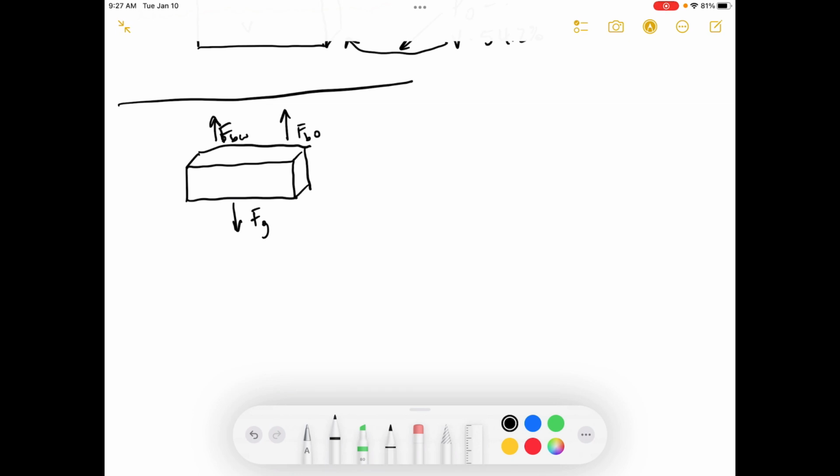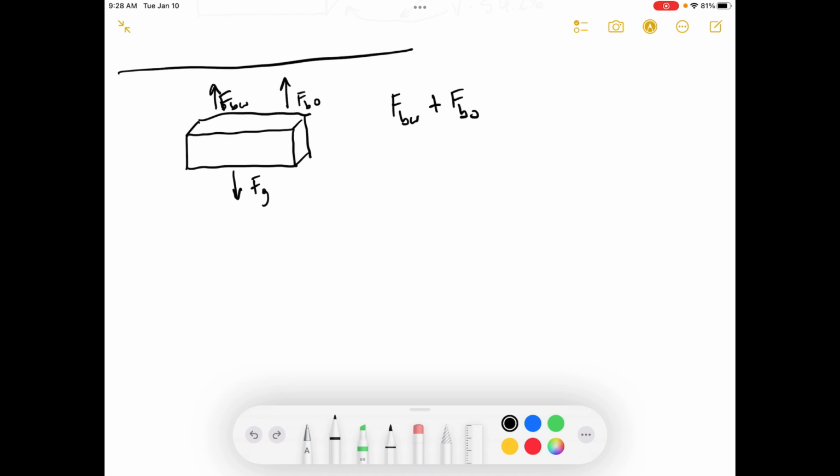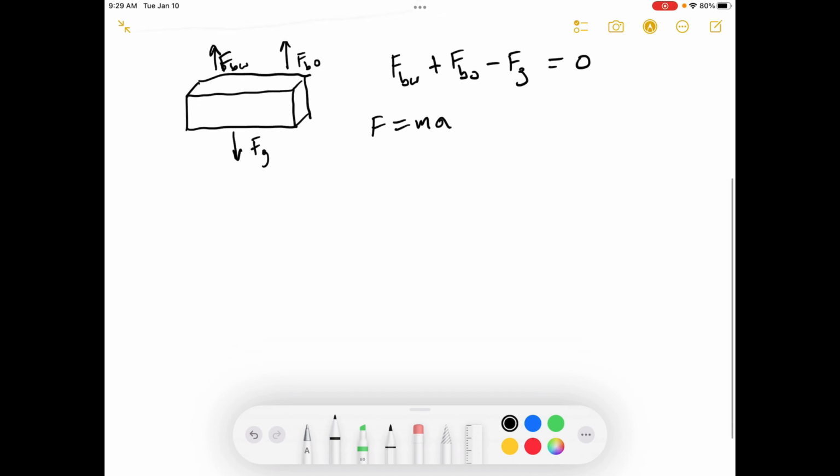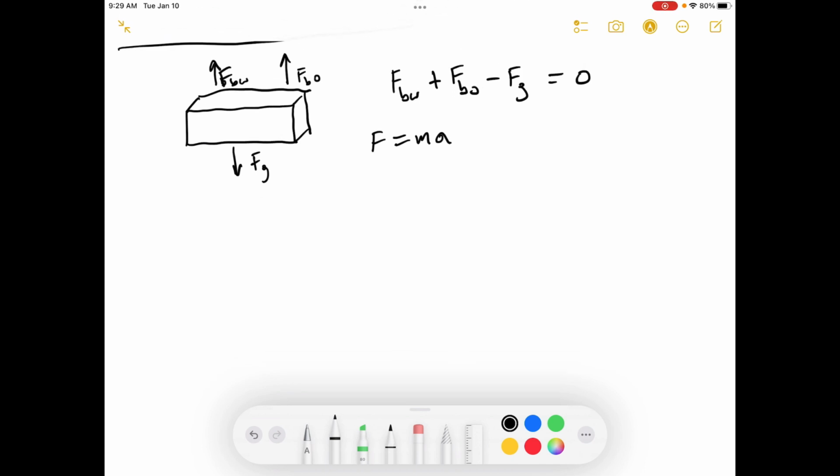So we know that the sum of the forces on the block has to equal 0. Okay, so from this force balance, we say that the force of the water plus the force of the oil minus the force of gravity equals 0. Newton's second law states that the force equals the mass times the acceleration. In this case, the only accelerating force that we have is gravity.